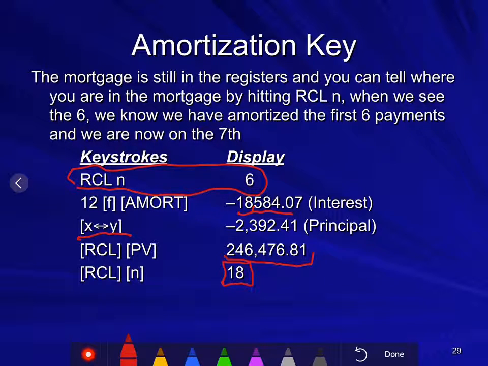Now if you had set N to 0, you'll do a recall N, and you will see that N now says 60. You don't really care about that. All you did there was just get through those first 5 years. Now you do 12 f amort, and you'll calculate the interest, x exchange y, and you'll get the principal for that sixth year.